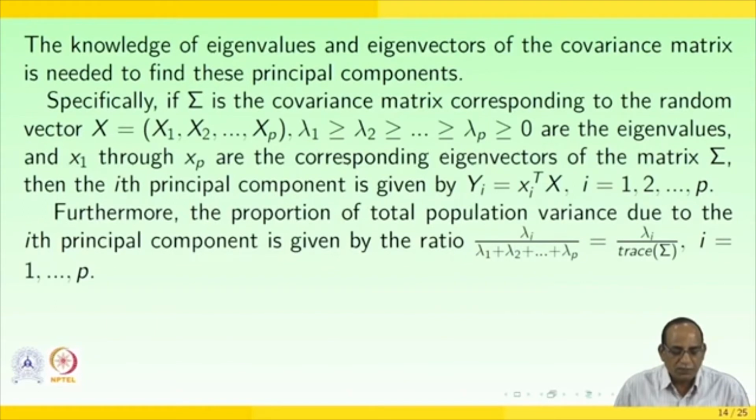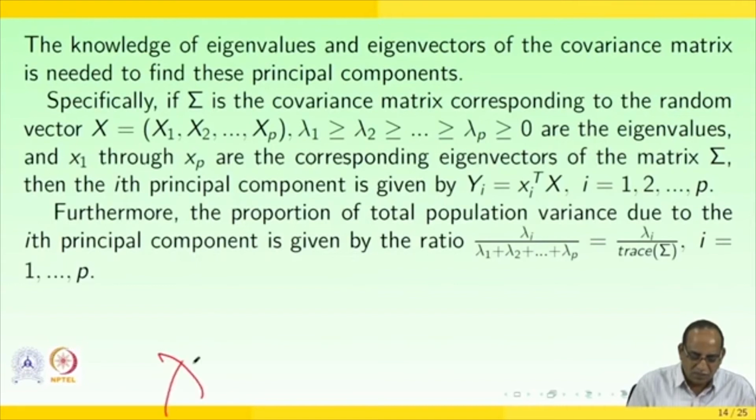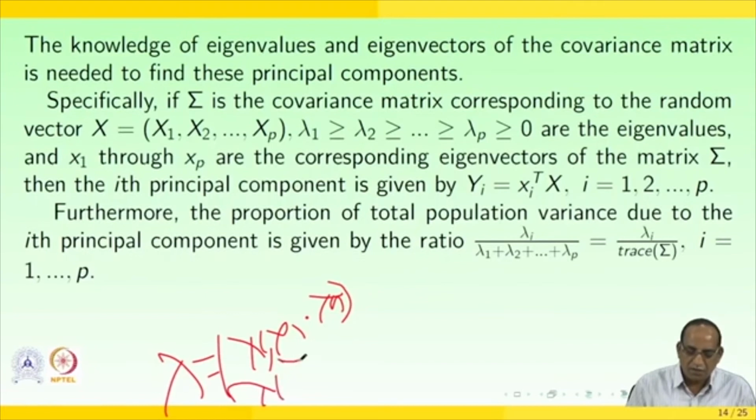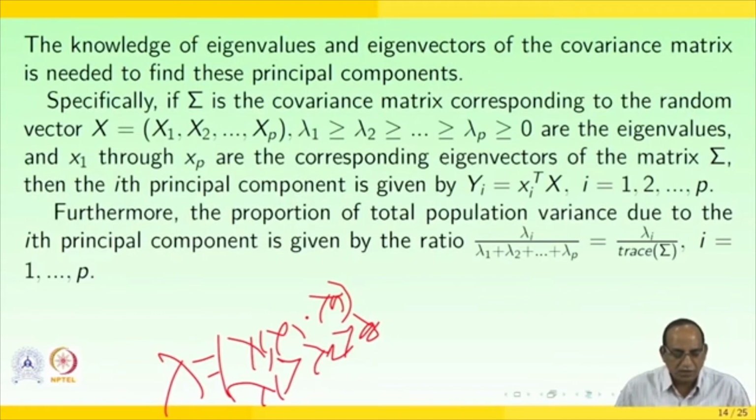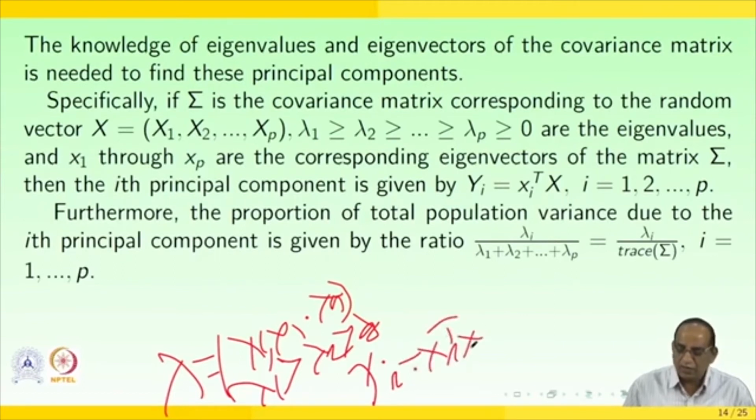Specifically, if omega is the component corresponding to the random vector x, that is x is equal to x1, x2, up to xn, with lambda 1 greater than lambda 2 greater than lambda 3 and so on, these are the components corresponding to the eigenvalues and we can write omega I is equal to xi transpose x, for I is equal to 1 to p. Furthermore, the proportion of the total population variance due to this is given by this expression.